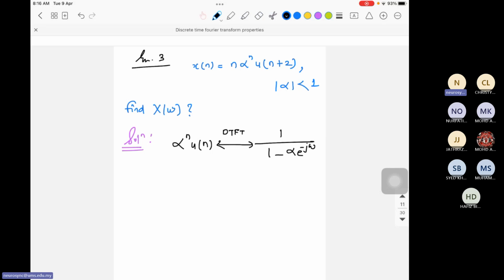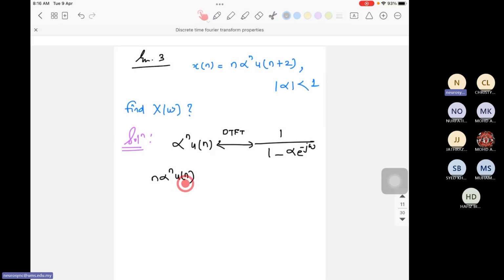Now x of n is basically delayed by 2, like n alpha to the power n into u of n. In our case, this is u of n plus 2.